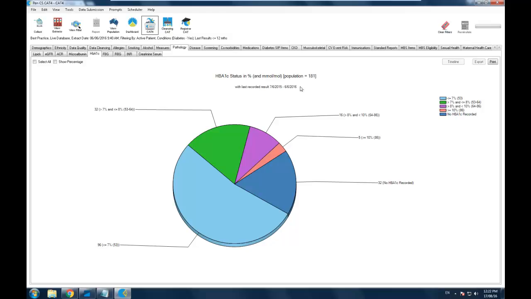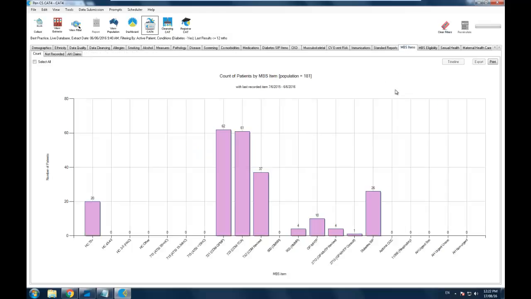So that's testing as in measures, blood pressures and so on, weights and heights and pathology. The same filter, the date range result filter it's called, applies to Medicare items as well. So if we go to the MBS items here, now you can see my 181 patients. You can see what they had recorded in the 12 months previous to the data collection. And you can see 62 of them did have a GP management plan billed, paid for, I should say.